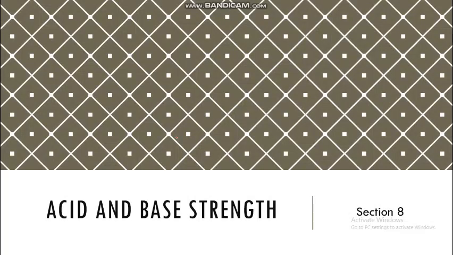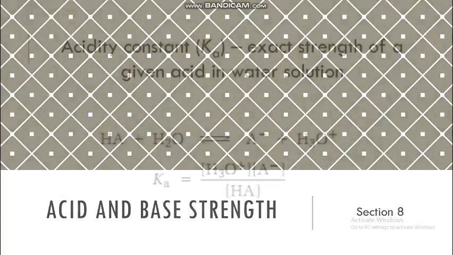Now, acids differ in their ability to donate hydrogen ion. So, stronger acids, such as hydrochloride, react almost completely with water, whereas weaker acids, such as acetic acid, react only slightly. Okay?